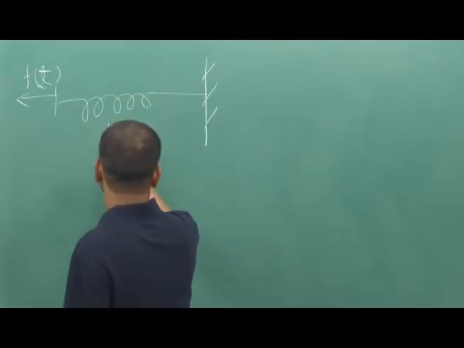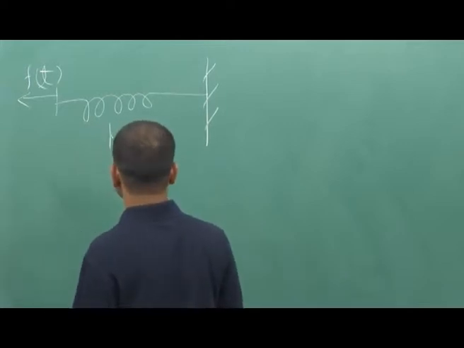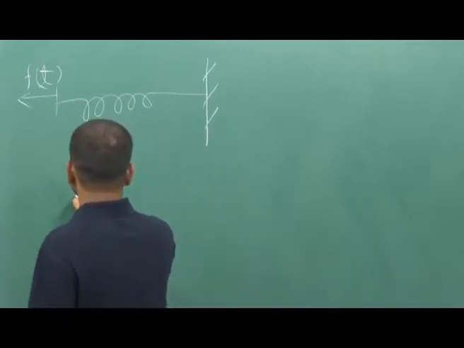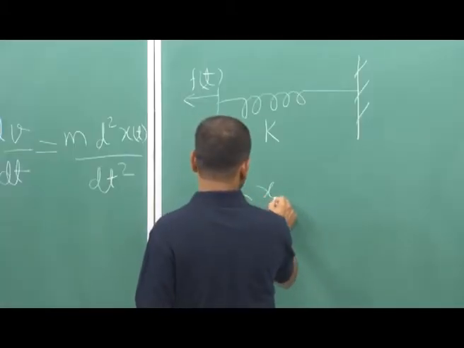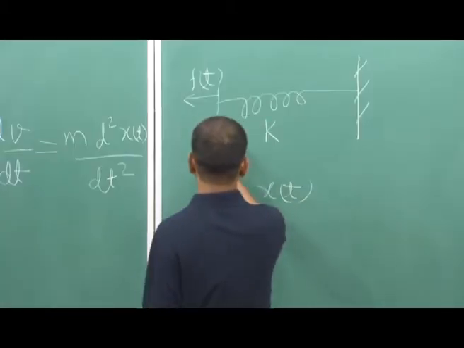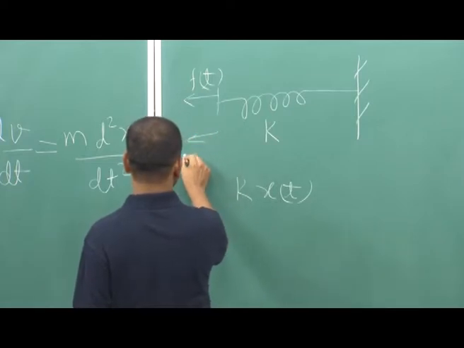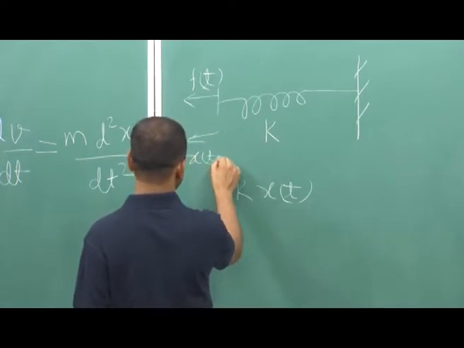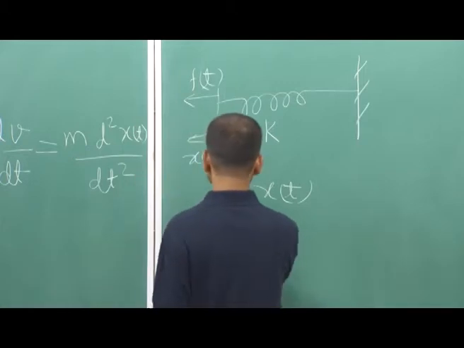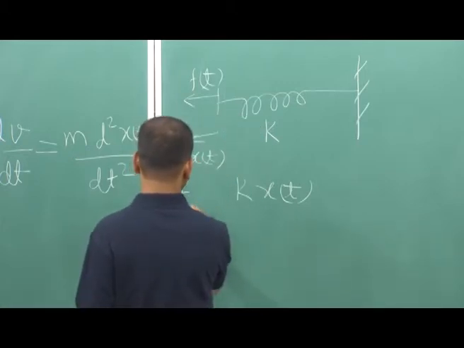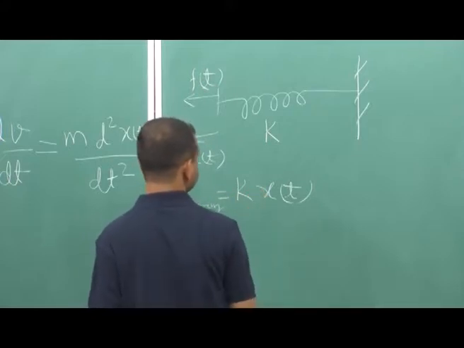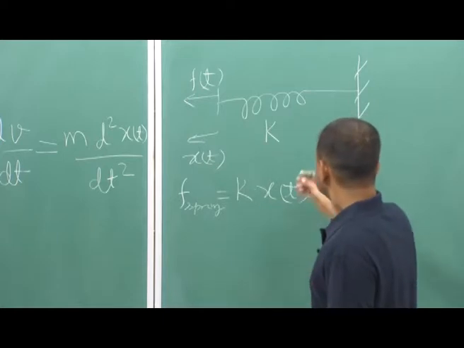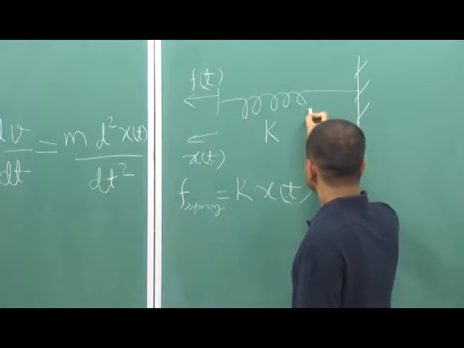Suppose its spring constant is K. The restoring force due to the spring is K x(t), if the displacement is x of t, F of spring. The x is the stretching in the spring.